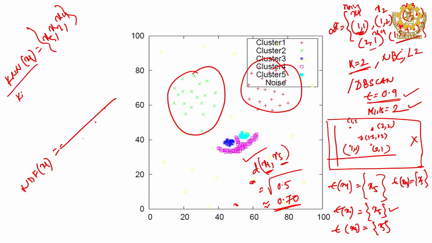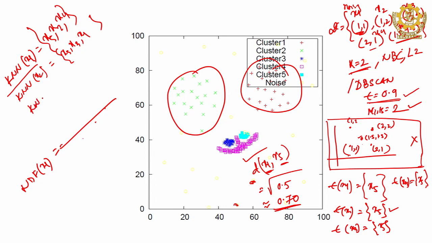Similarly, you find the KNN of x 2. 1 2 is here. So, this will be 2 2 and 1 1, and so this will be x 5, 2 2 is x 3. So, x 5, x 3 and x 1.